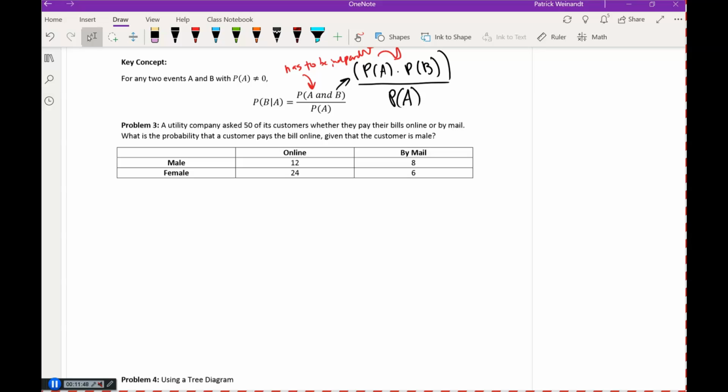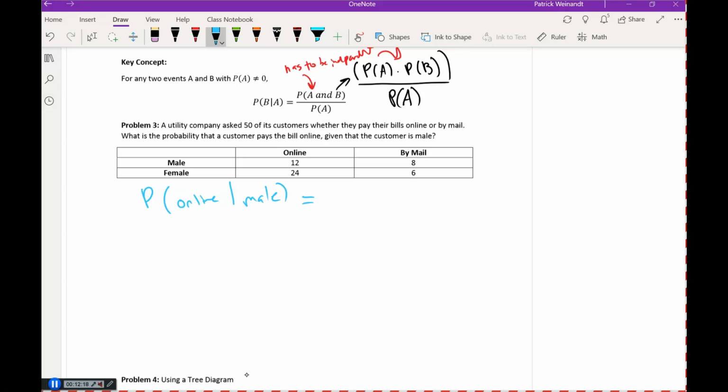So, in problem 3, a utility company asked 50 of its customers whether they pay their bills online or by mail. What is the probability that a customer pays the bill online, given that the customer is male? So what's the probability we're online, given it's a male paying the bill?